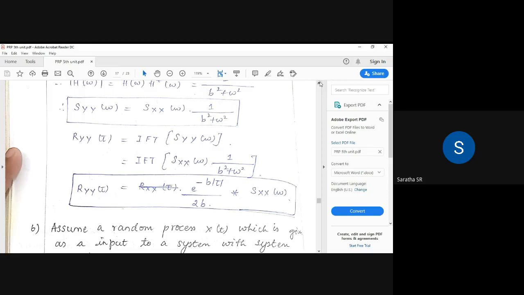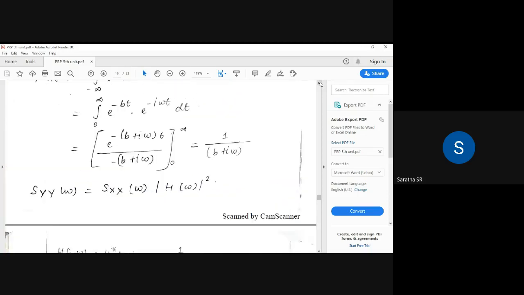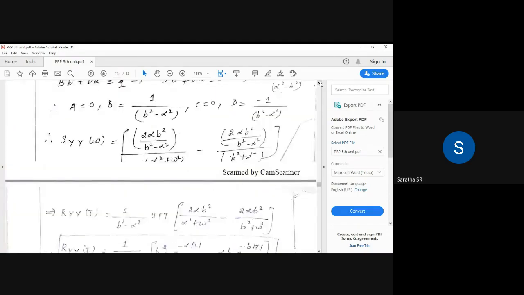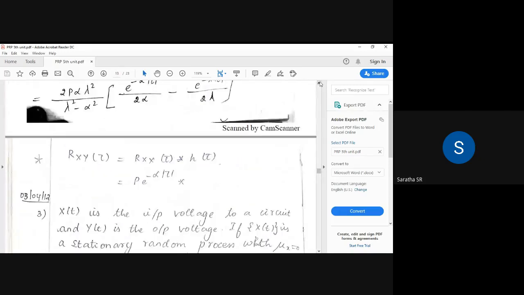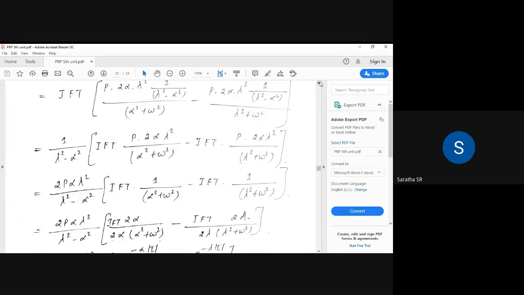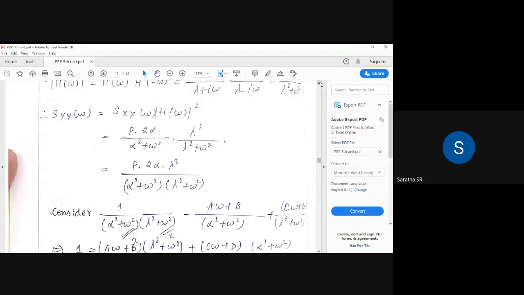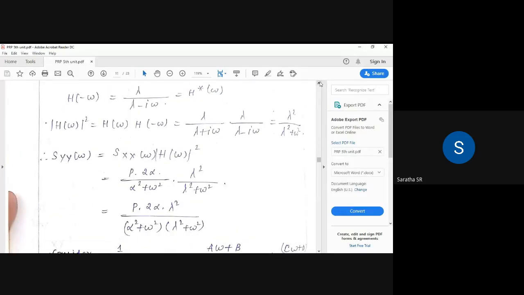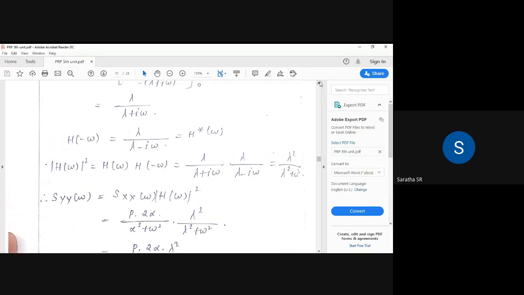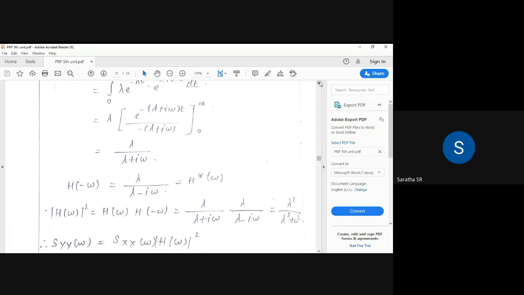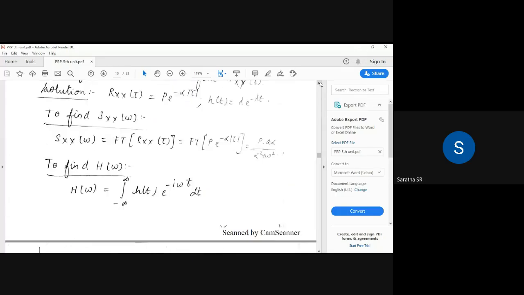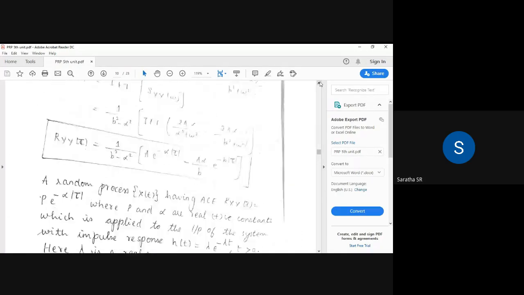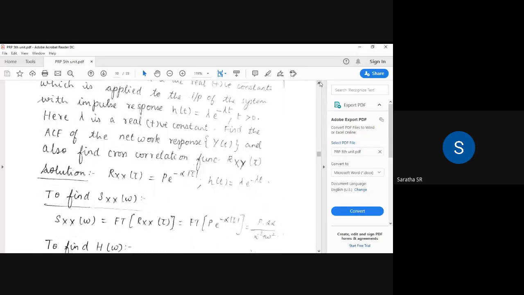Do you have a doubt in this problem? Srinidhi, can you explain your doubt? Because you asked only in the second problem. Now I came to the second problem.